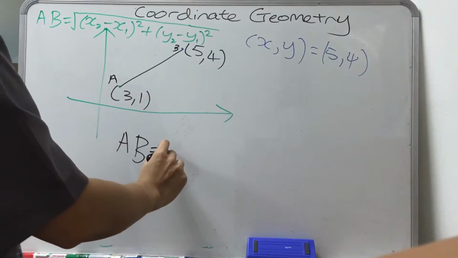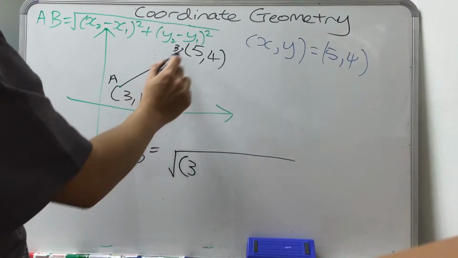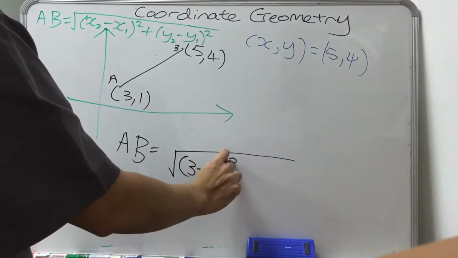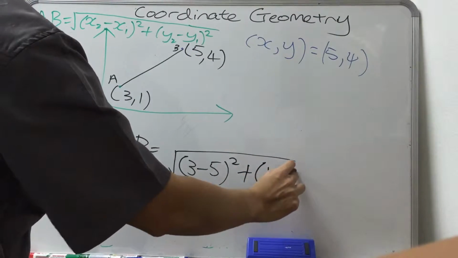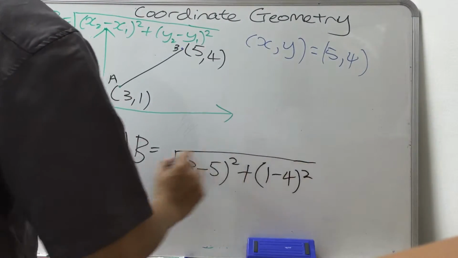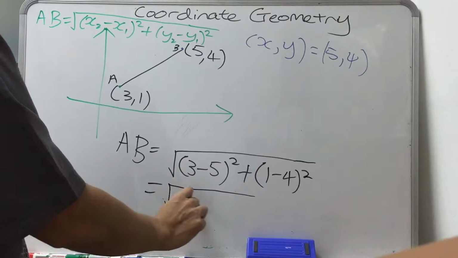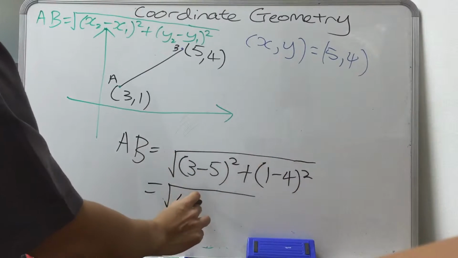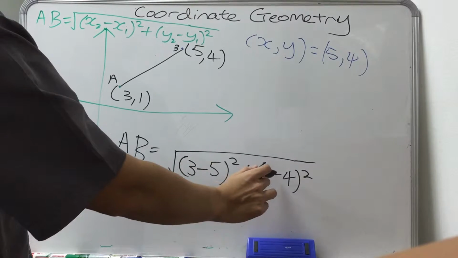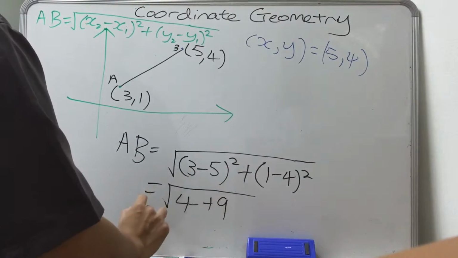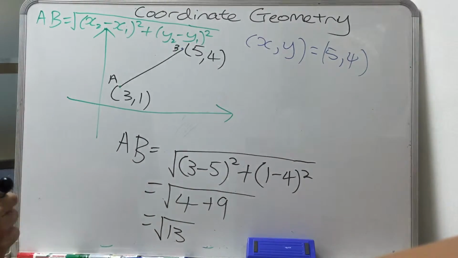The length AB is given by the square root of (3 minus 5) squared plus (1 minus 4) squared. Solving this, minus 2 squared is 4 and minus 3 squared is 9. So the length of this line AB is square root 13.